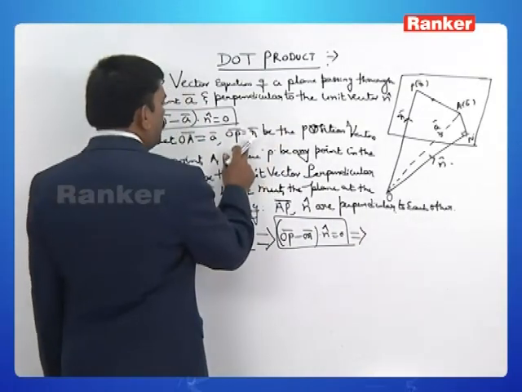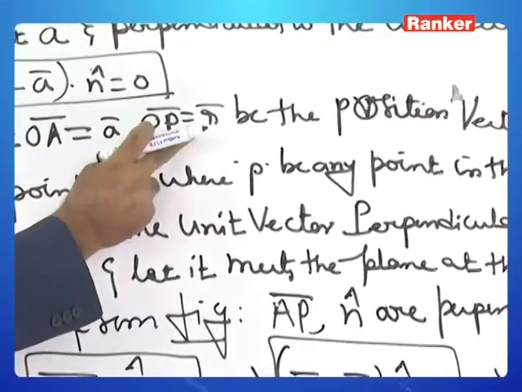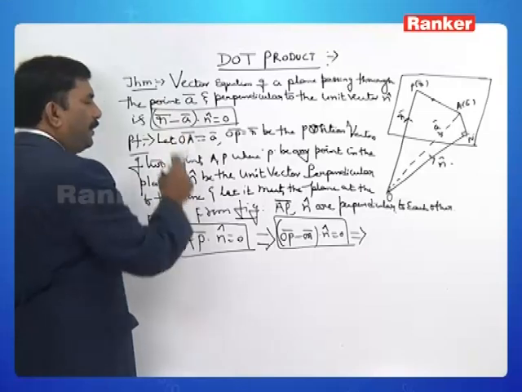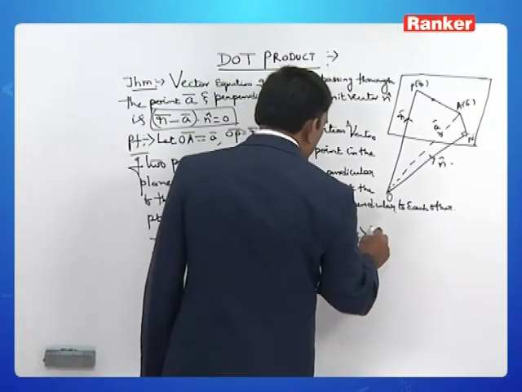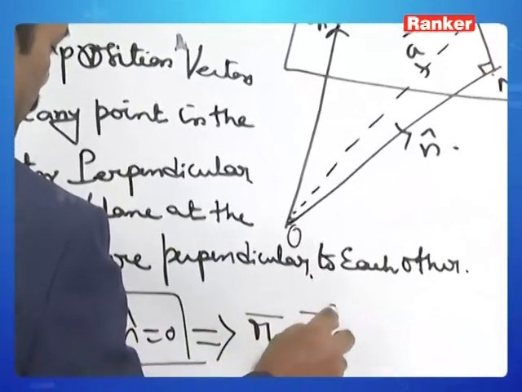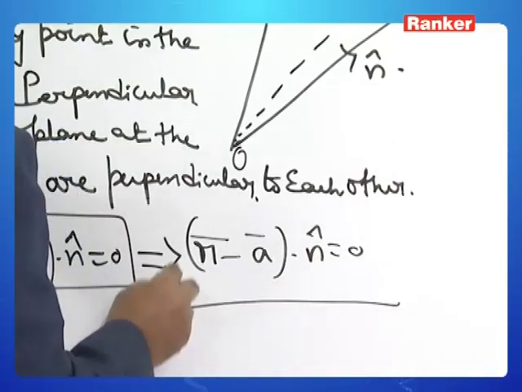OP bar is equal to what? R bar. OA bar is equal to what? A bar. I can write R bar minus A bar dot N cap is equal to 0.